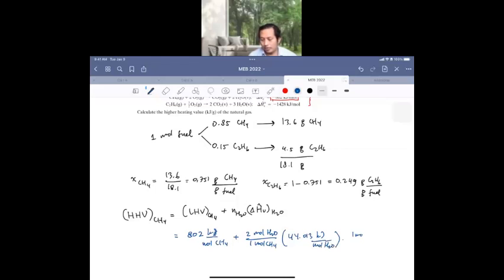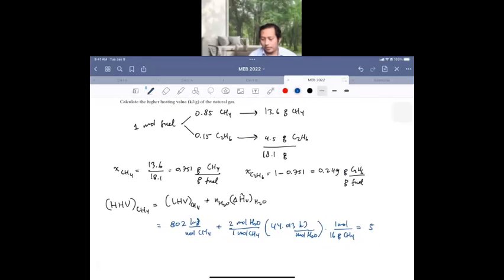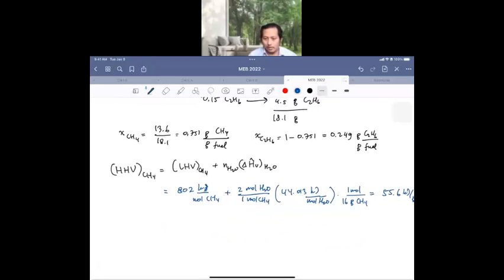And we multiply by 1 mole over the molecular weight, and this will be equal to 55.6 kilojoule per gram. And we do the same thing for the higher heating value for the ethane.